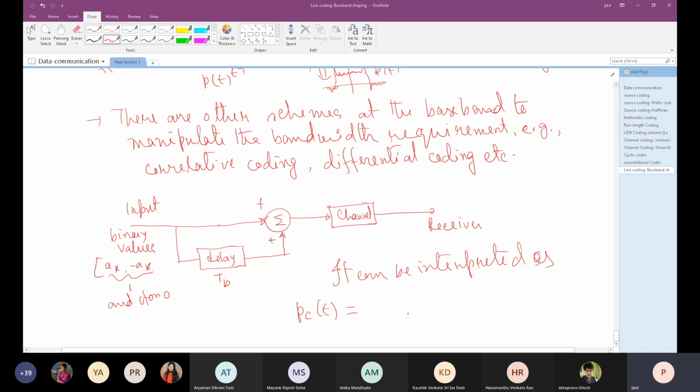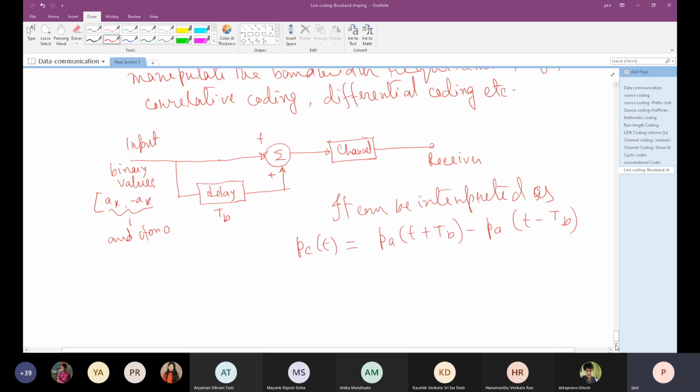PT would be, say, we have, we can interpret it that this is the correlated pulse waveform.